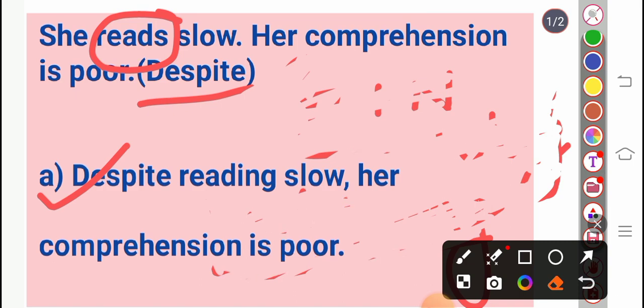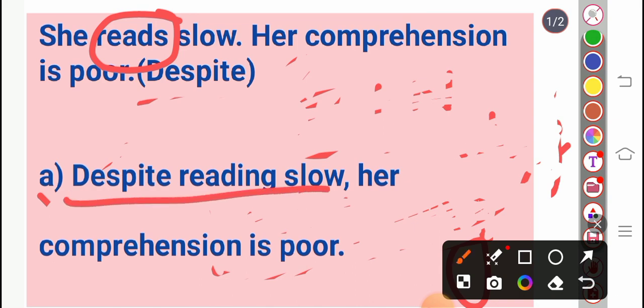You can see, my dear friends, this type of sentence has two parts. You can see here there is one part, and the principal part is her comprehension is poor.